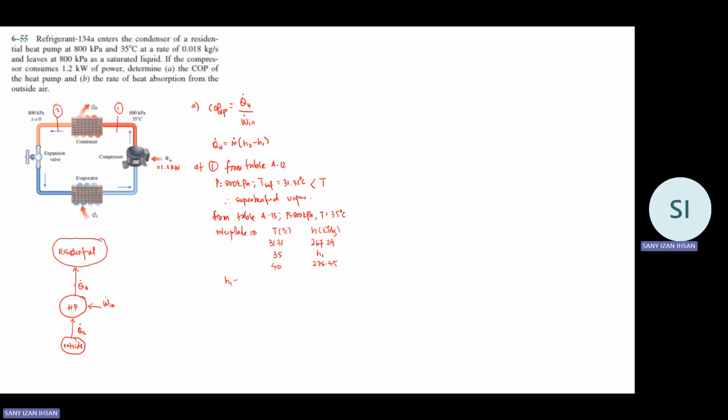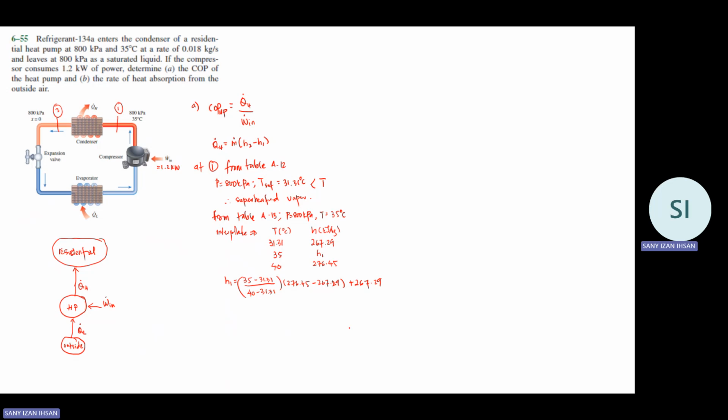So if we interpolate this, H1 equals 35 minus 31.31, divided by 40 minus 31.31, multiplied by 276.45 minus 267.29, plus 267.29.